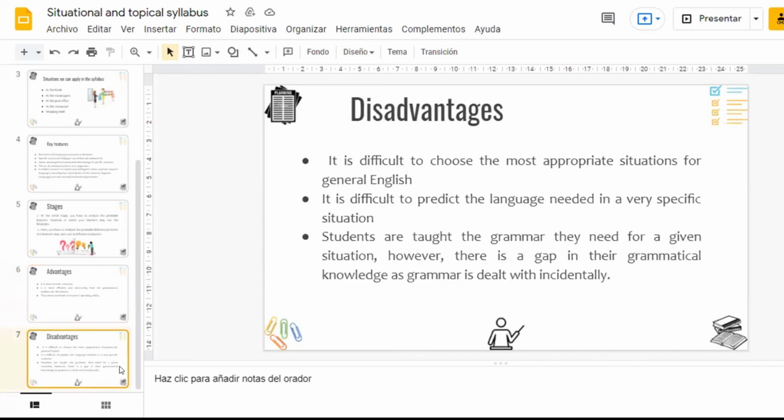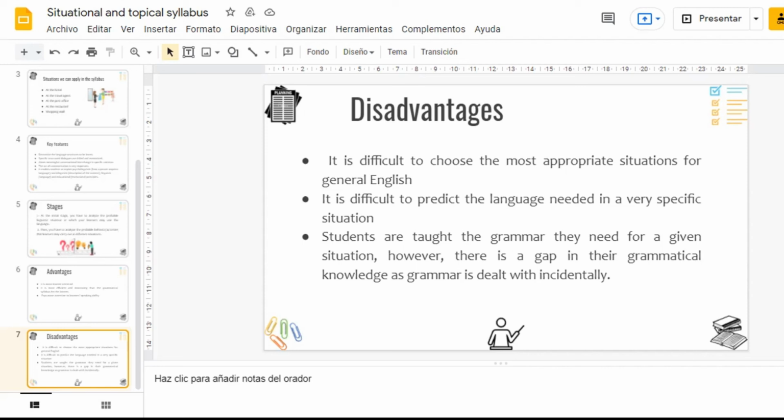And here we have some disadvantages. One of them is that it is difficult to choose the most appropriate situations for general English, since it tries to teach language in the context of some specific language situations. We cannot include all of the situations that students will face.